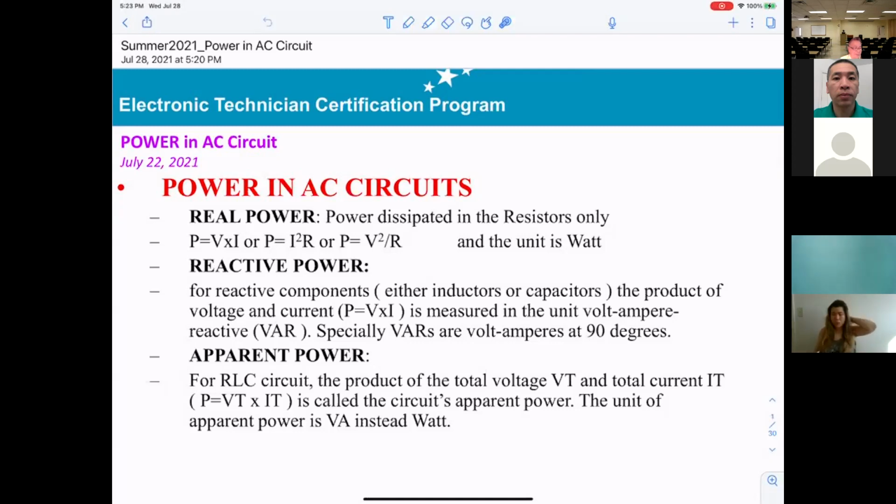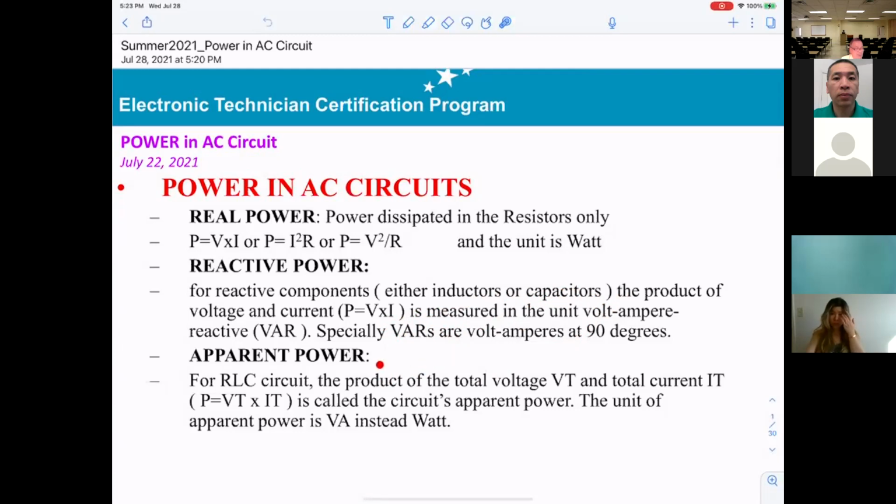For a reactive component, either inductor or capacitor, the product of the voltage and the current, P equals V times I, is measured in the unit of volt ampere reactive. That means the unit for the power in the capacitor or inductor will be VAR, not the watt.